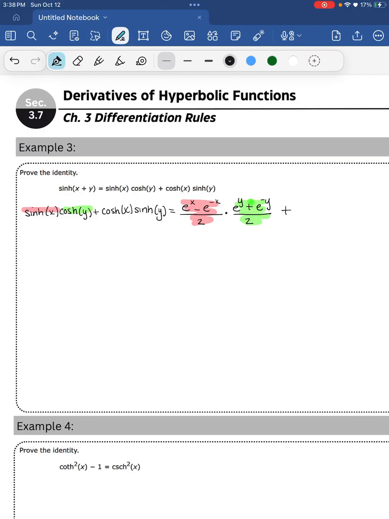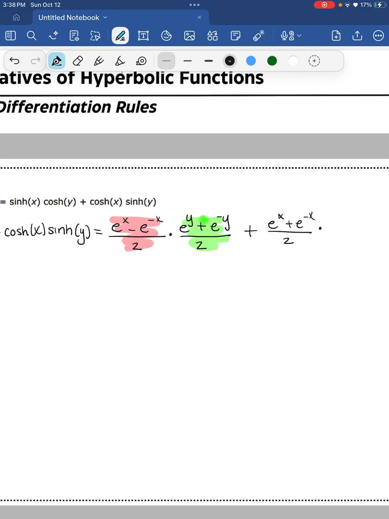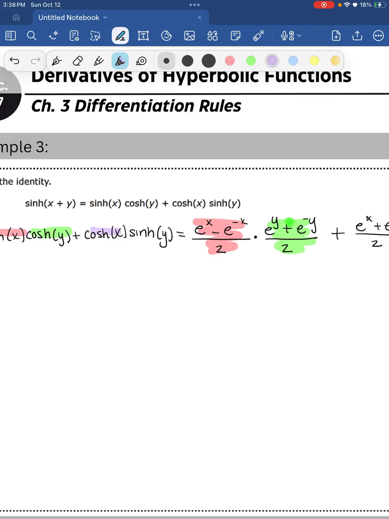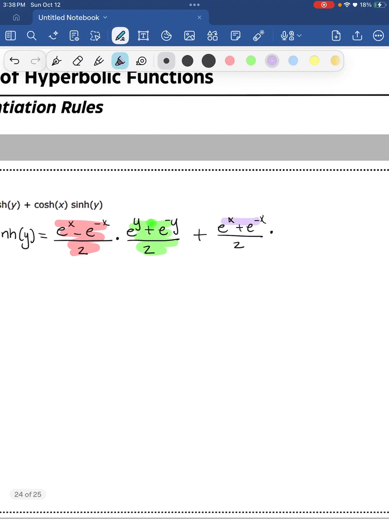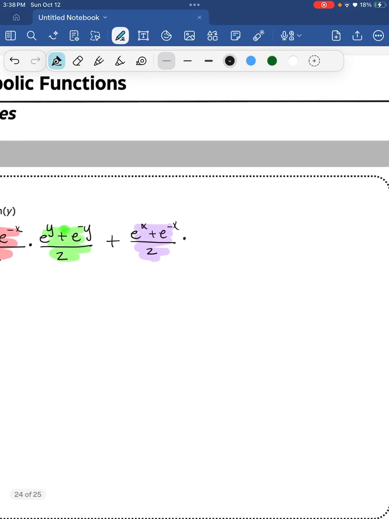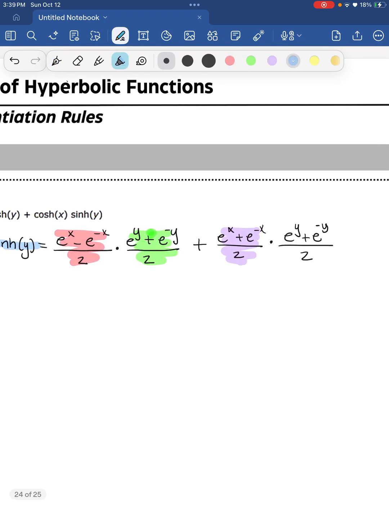So this would turn out to be e to the x plus y. That one would be e to the x minus y.